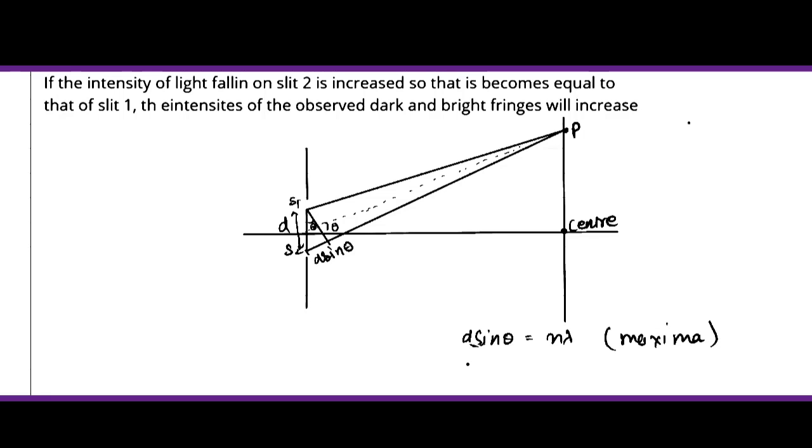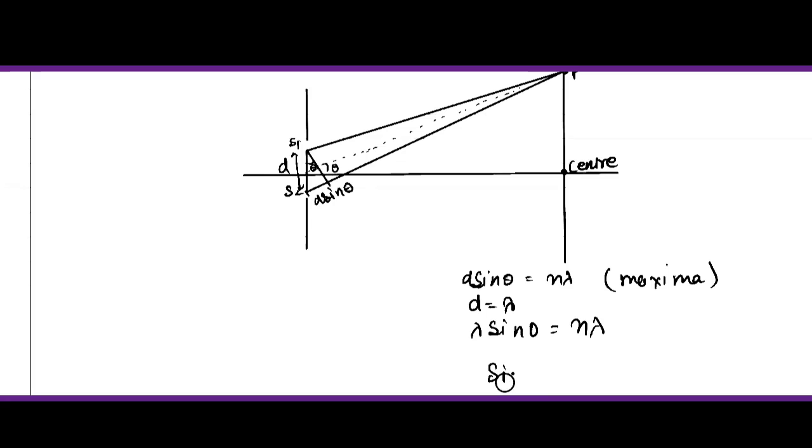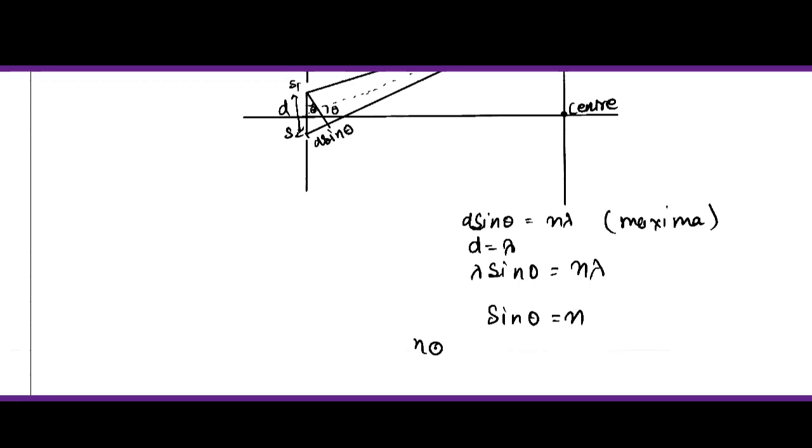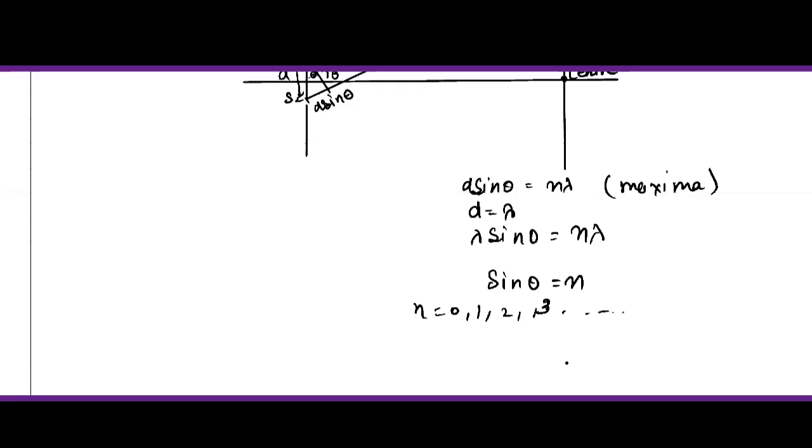In the question it is given that if d is equal to lambda, then lambda sin theta is equal to n lambda. So sin theta is equal to n, and n is an integer. n can be 0, 1, 2, 3, any value. If n equals 0, then sin theta is equal to 0, which means theta is equal to 0.